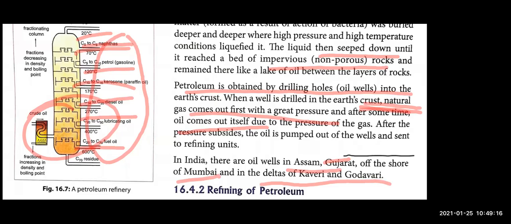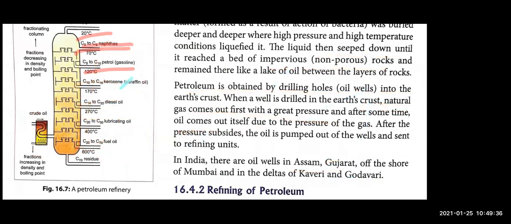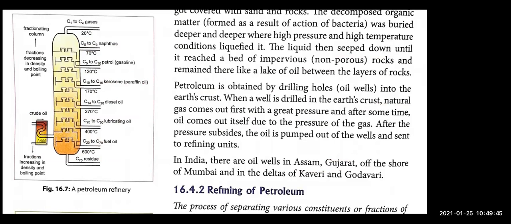Under these water sources, oil wells are present from which the oil is pumped out, and then the refining of petroleum has to be carried out. Now we will see what refining is. For refining you have to concentrate on the diagram. Understand refining, it is very very important.